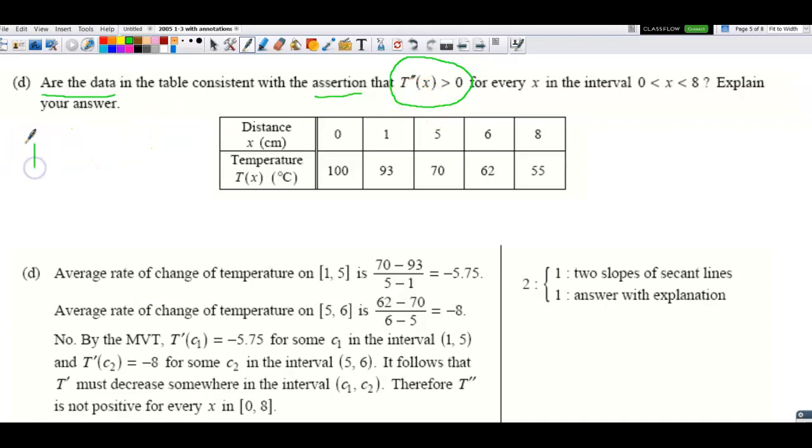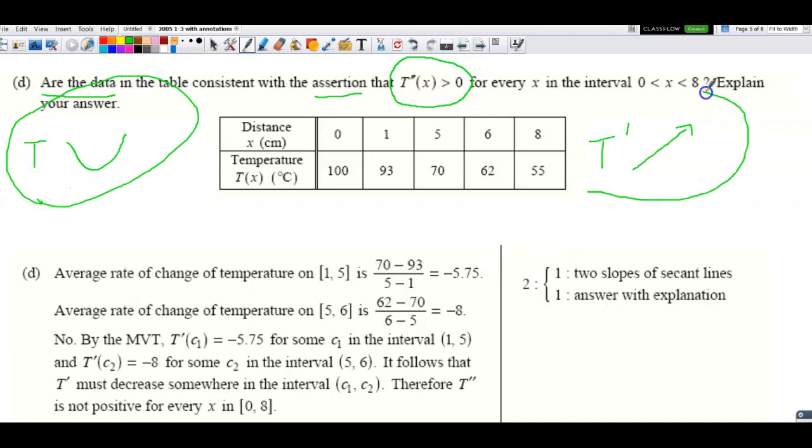If the second derivative is positive, t original is concave up. If the second derivative is positive, t prime is increasing. Now, I don't know if we're going to use both of these, one of these, or neither of these, but you need to remember that there are two things you can use to try to figure this out.